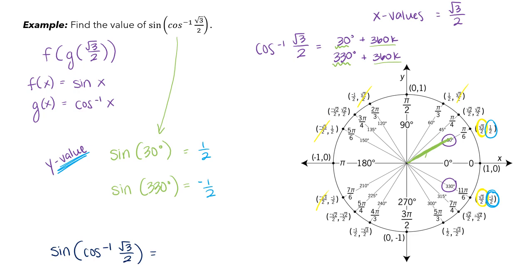So I could just write that as plus or minus 1/2. If you prefer to list that as 1/2 comma negative 1/2, that's fine too. That is our answer to this question.